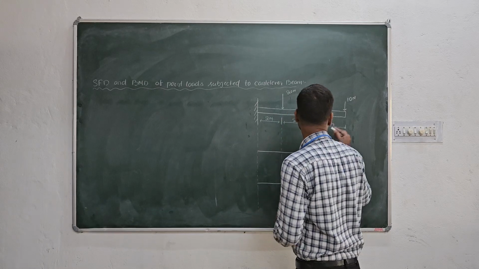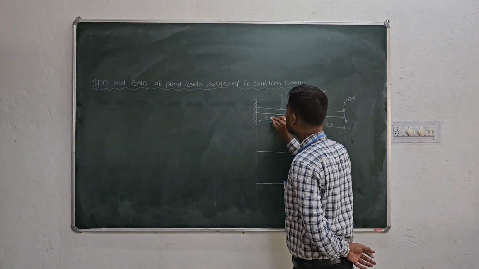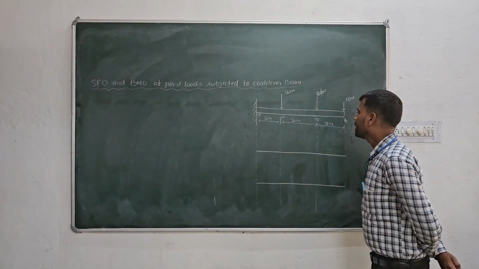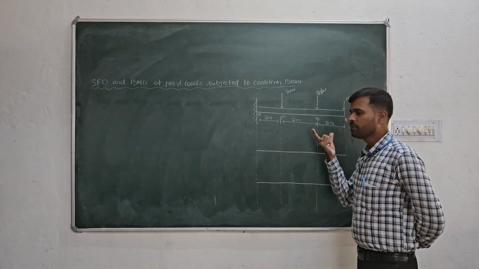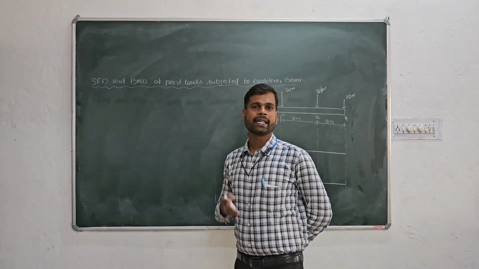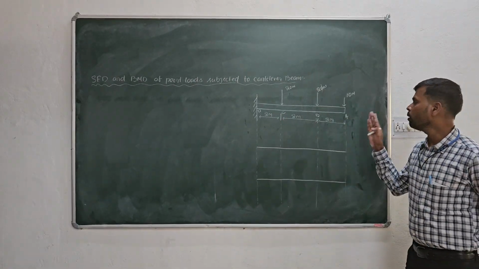Let us name them point A, B, C, and this is point D. For calculating, we will break them into sections: first section AB, second section BC, and third section CD. In each section we will find the shear force and bending moment at the salient points.